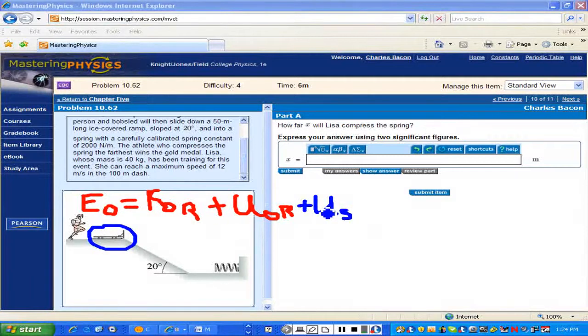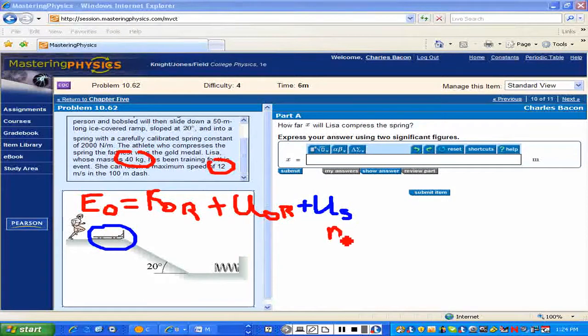So we could calculate those three things because we know that the runner's mass is 40 kilograms. She's moving at 12 meters per second. We know the mass of the sled is 20 kilograms.